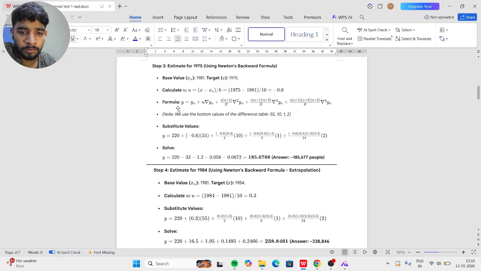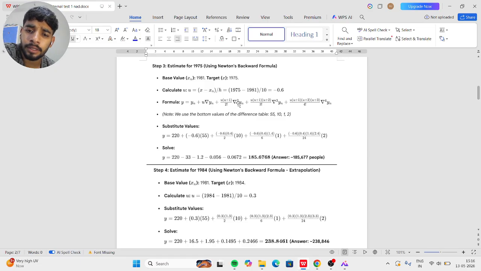The backward difference formula says y equals yn plus u times the backward difference of yn, plus u into u plus 1 by factorial 2 times the second backward difference. See carefully here u plus 1, whereas in the forward formula there is u minus 1.